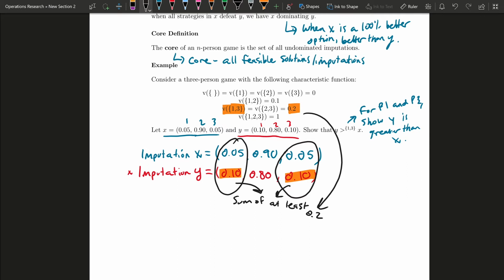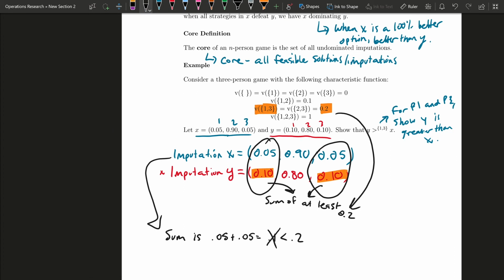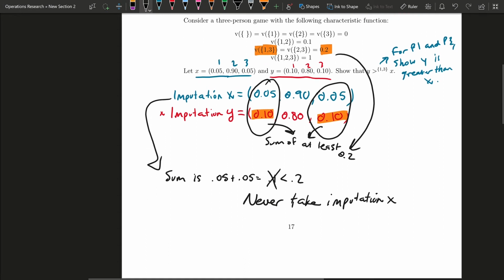Otherwise, it's not worth it for them. They should not take this team. So if you look at imputation X here, the sum for player 1 and player 3 is 0.05 plus 0.05, which is 0.1, which is less than that 0.2 that they're guaranteed in the characteristic function. So they should never take imputation X, because they're not getting what they're guaranteed in the characteristic function.